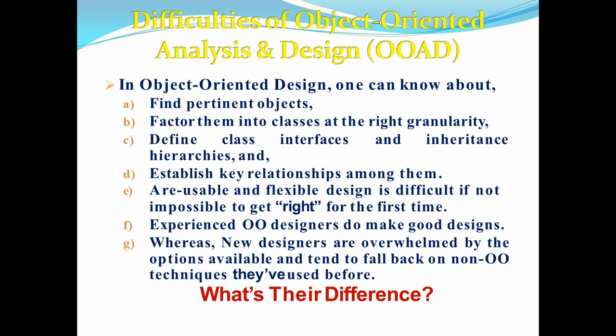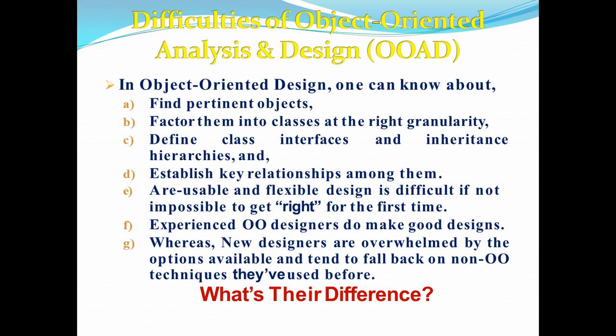Now, what are the difficulties observed in object-oriented analysis and design, and why do we prefer design patterns? In object-oriented design, we need to show the pertainment of the objects.